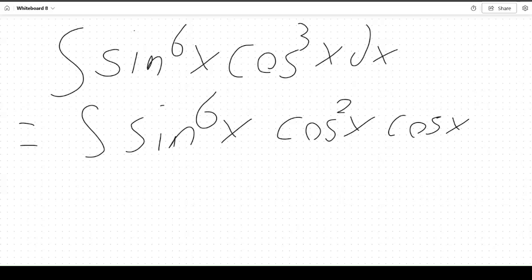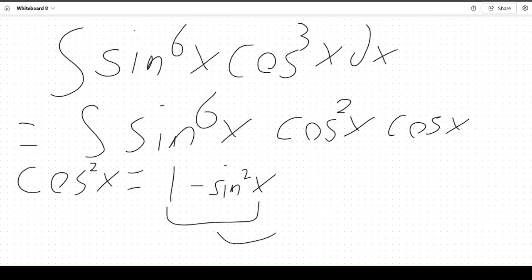So take one out, and we know that cosine squared x is equal to 1 minus sine squared x. So we can use this for this. And I will show you how to do that.